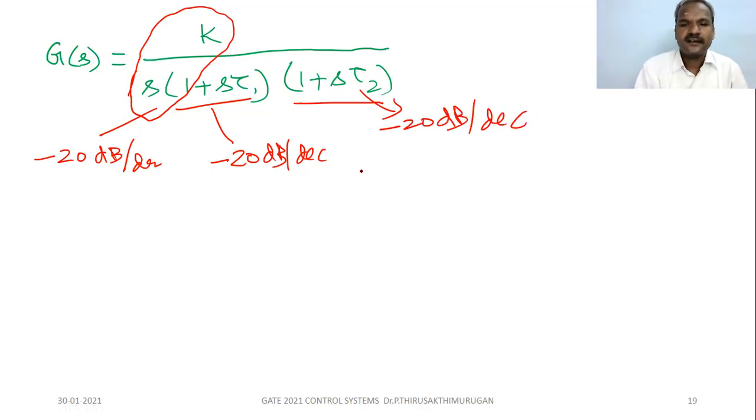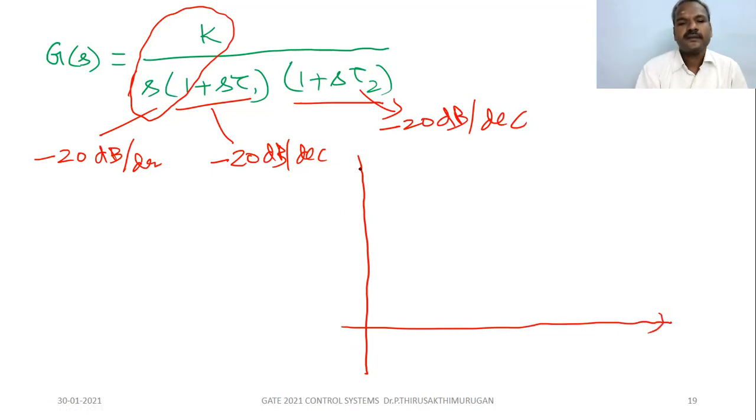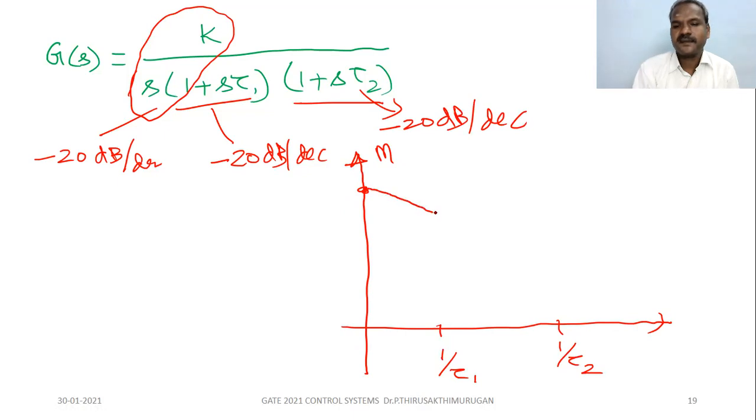So let us draw the Bode plot, the magnitude plot, for this transfer function, right? So what is this magnitude? Initially it starts, this is 1 by tau 1, another one is 1 by tau 2, understand? From this, minus 20, clear. Then from here it goes to minus 40, a minus 20 dB per decade slope change.